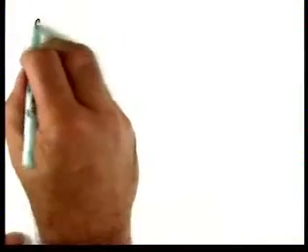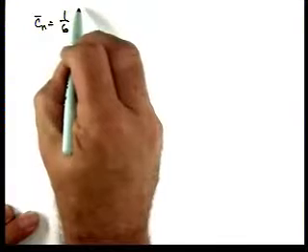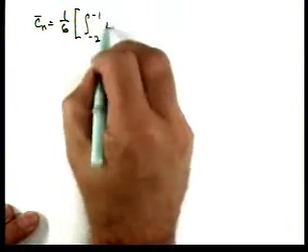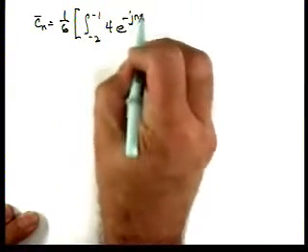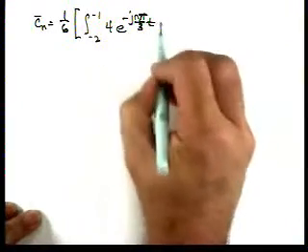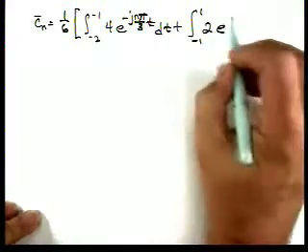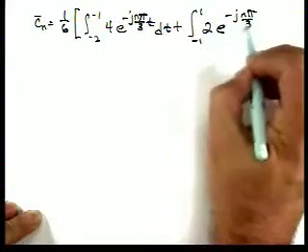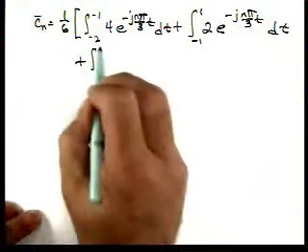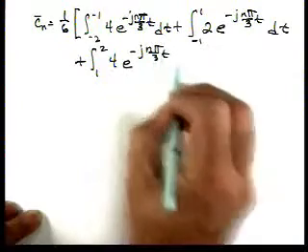So now C sub n becomes 1/6 times the integral from minus 2 to minus 1 of 4 e to the minus j n pi over 3 t dt, plus the integral from minus 1 to 1 of 2 e to the minus j n pi over 3 t dt, and then the integral from 1 to 2 of 4 e to the minus j n pi over 3 t dt.